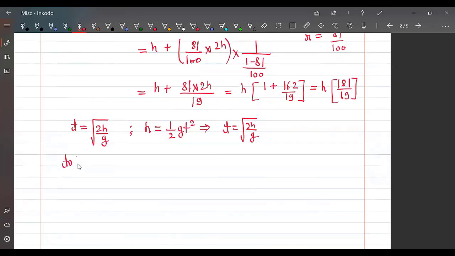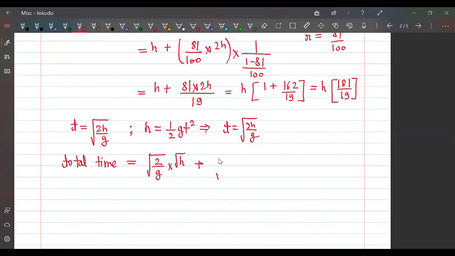So total time, if you ask me, total time will become first root 2h upon g, then multiplied, let me separate the root 2 by g and h. So we can write it like this: root 2 by g into root h for the first fall.